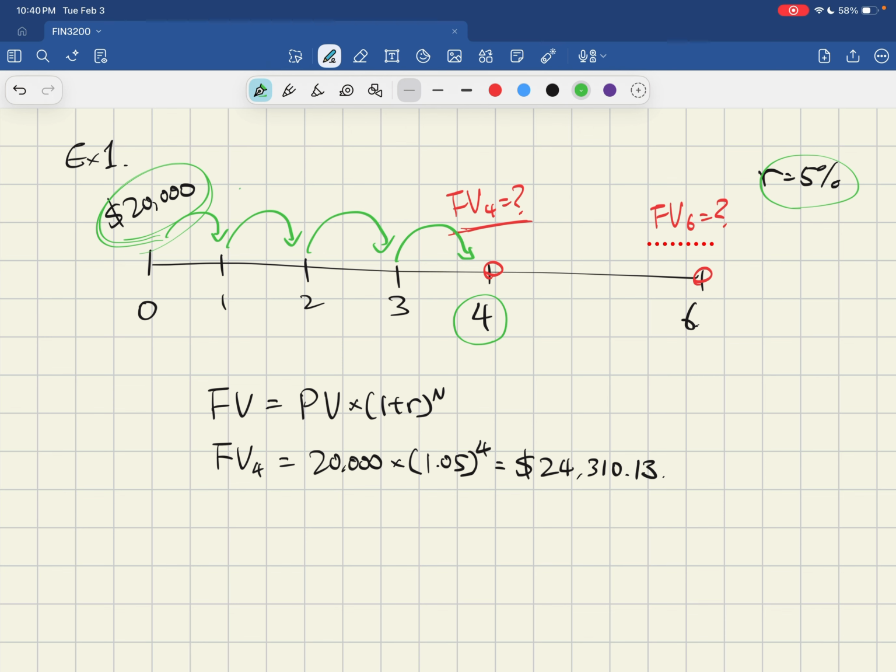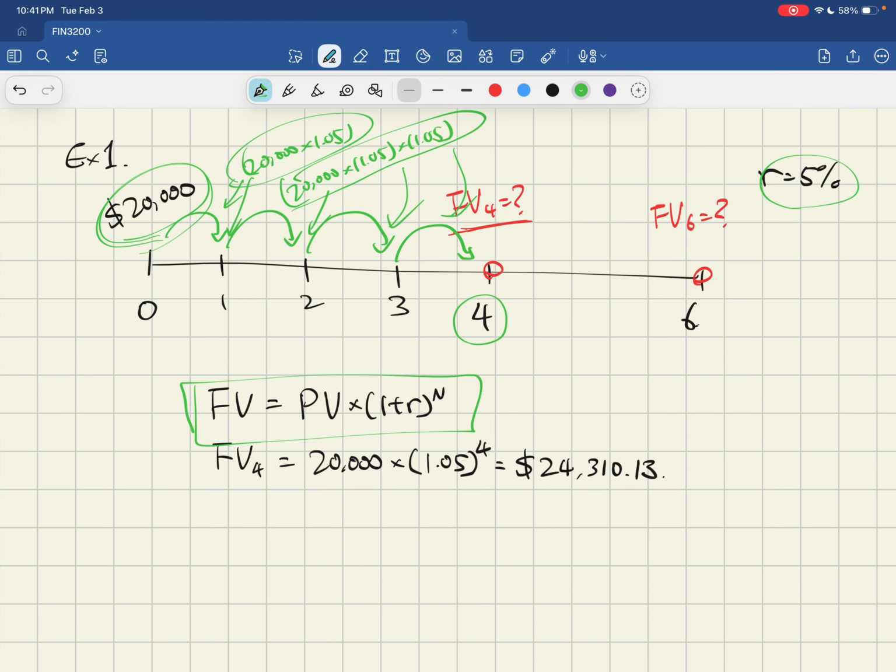Okay, so it's just 20,000 times 1.05 in year 1, and then by year 2, it grows by another 5%, and so on. Okay, year 3 and year 4. This is just a formula that works the same way.